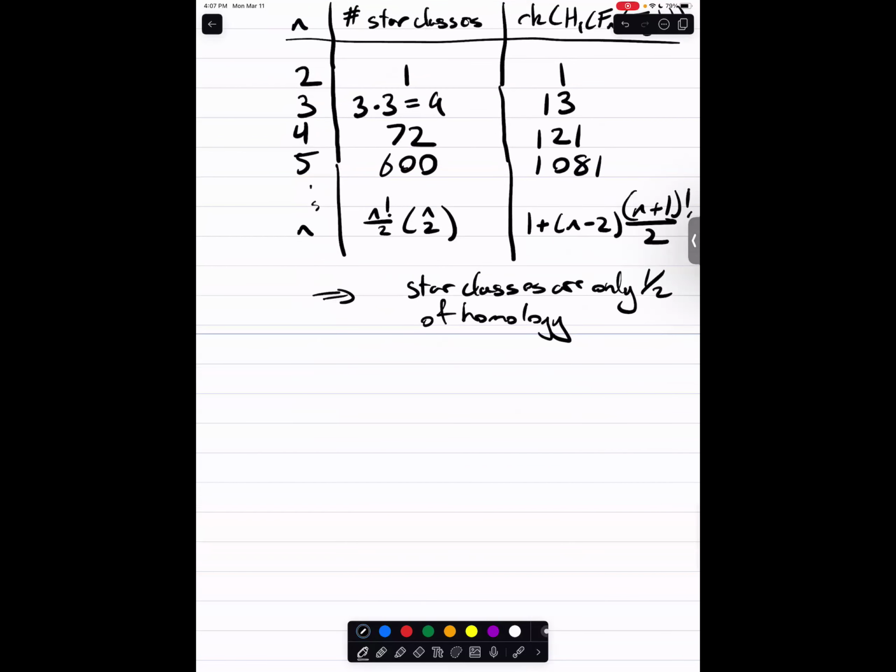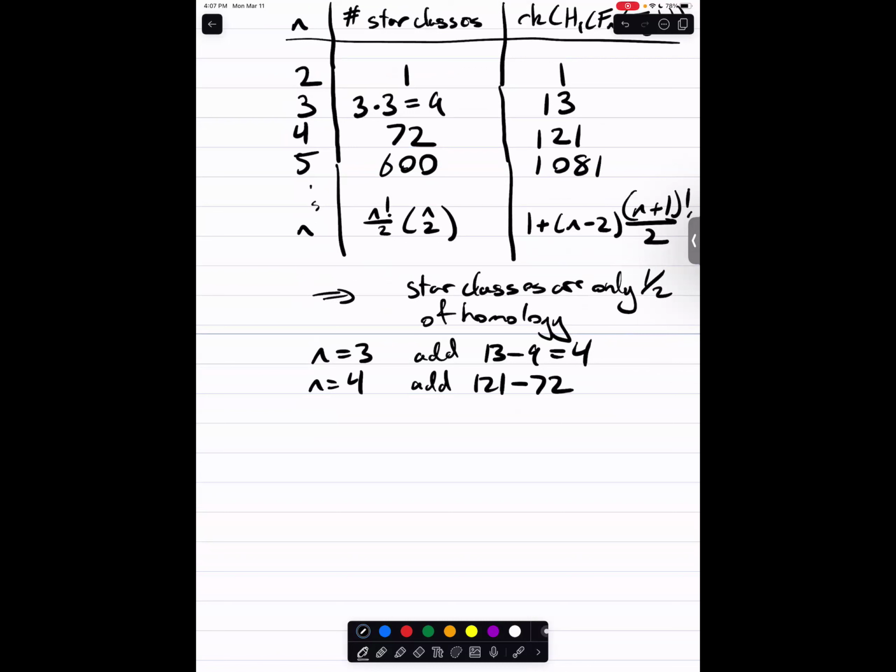Well, when n equals 3, we needed to add 13 minus 9 equals 4 classes. If we keep on doing this addition, when n equals 4, we have 121 classes. We knew 72 of those are going to be stars.